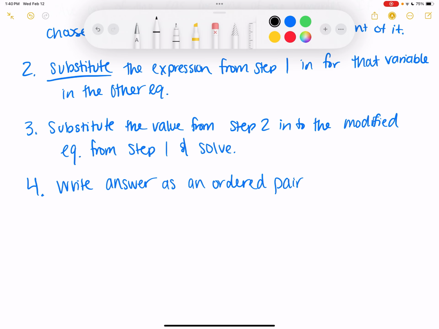All right, problem number 4: y equals 2x minus 1 and 2x plus y equals 3.